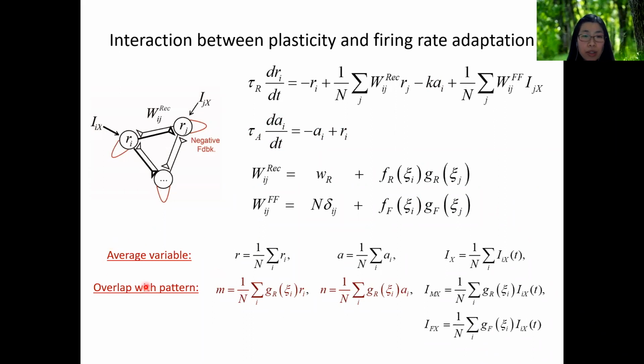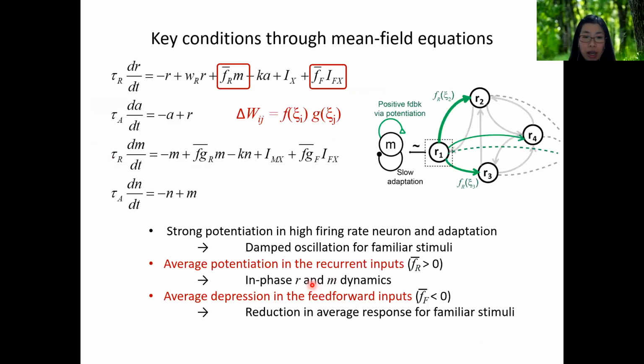So we consider the average variables of firing rate and adaptation, and then the overlap with the pattern, which is the inner product of the presynaptic dependence with the activity pattern or the adaptation currents. With this mean field dynamics, we could find the key elements to reproduce the changes we have observed. The first one is the strong potentiation in the high firing rate neurons.